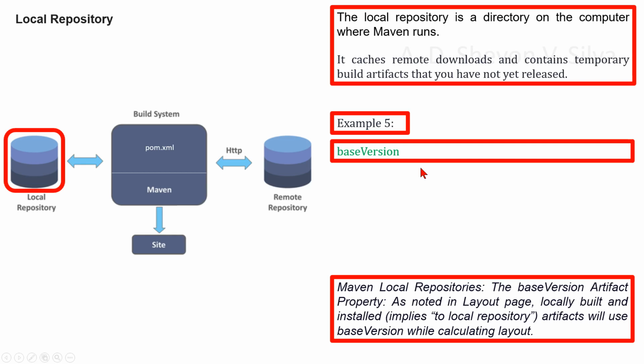Hence, in this case, both base version and version will contain the same value. One ending with snapshot contains a constant string, no transformation is applied to the file name. Snapshots pulled from remote and cached in the local repository have the timestamped version property instead. Hence, they will have the full blown timestamp version applied to the name.